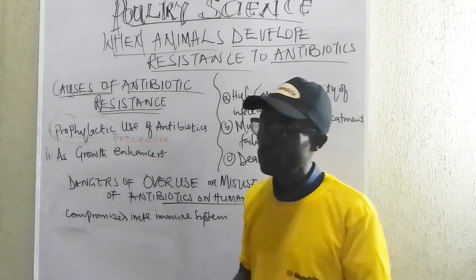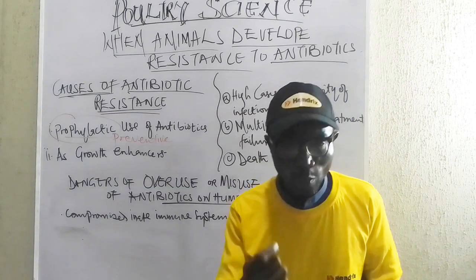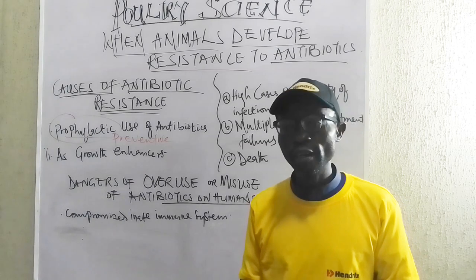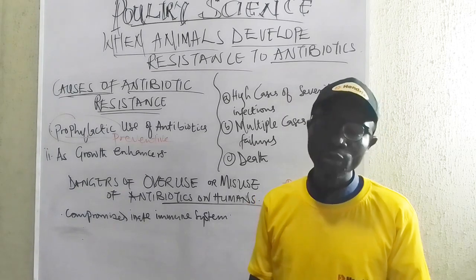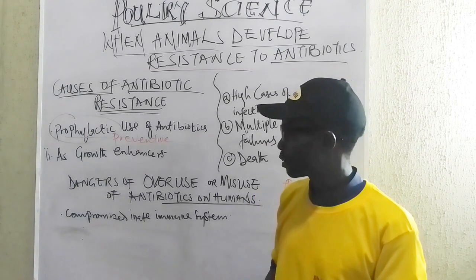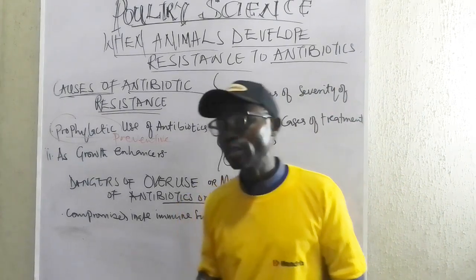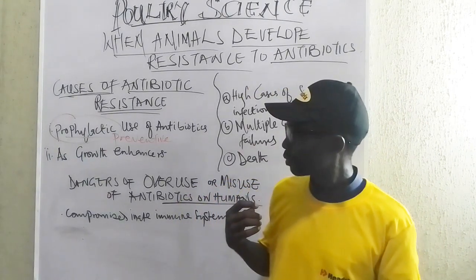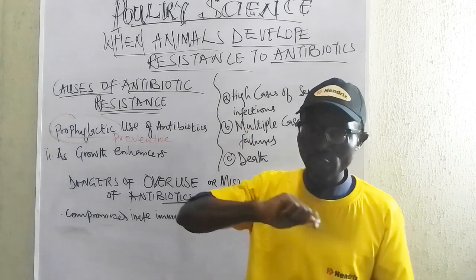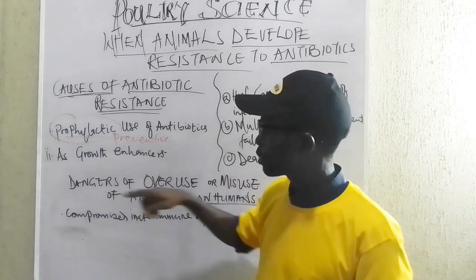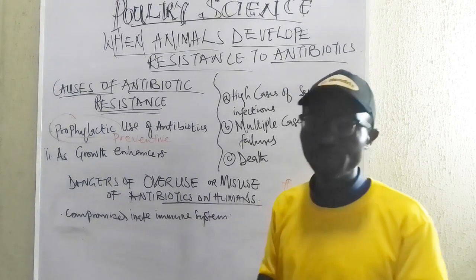So what some people do is just add a little quantity of the drug into the feed or into their water. I'll give the two reasons together, what it does. The second one is as growth enhancers.